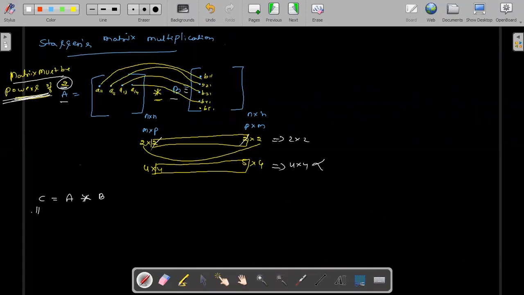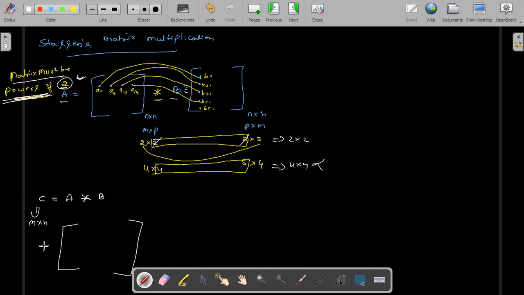You will get it basically M cross N. When you have powers of 2, then only you will get the M cross N. That is very, very important actually. Like this, something like C11, C12, again C13, again C14, like that.